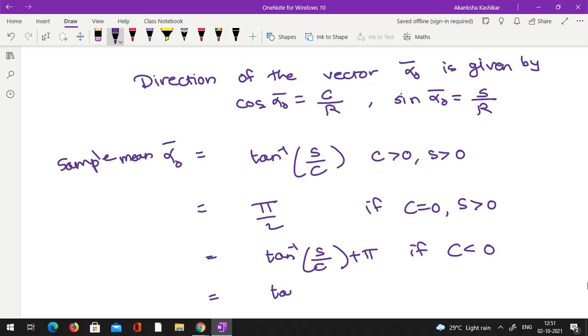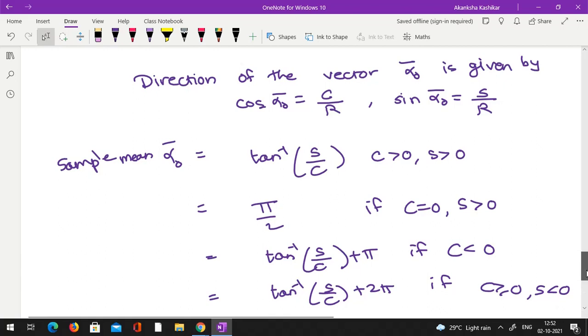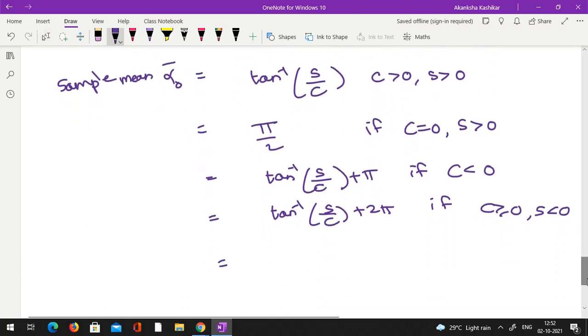It is tan inverse of S upon C plus 2 pi if C is positive but S is negative, and if both are 0 then we will say it is undefined. Whatever conditions I am putting are simply because of the properties of sine, cos, tan. There are no great tricks involved. So this is how we define the sample mean of n circular observations alpha 1, alpha 2, ..., alpha n.